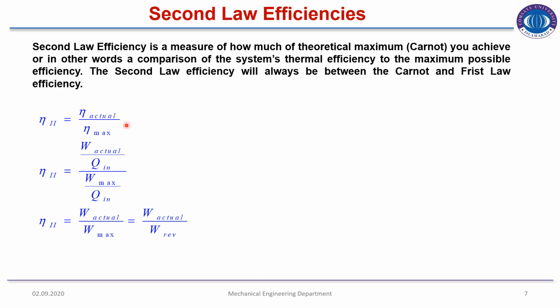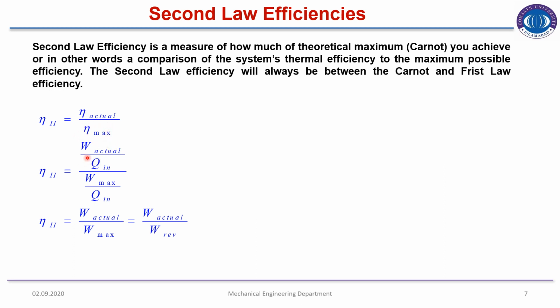In the numerator its actual efficiency is calculated, whereas in the denominator we have the efficiency of the Carnot heat engine, because maximum thermal efficiency can only be achieved by a Carnot heat engine. So it is a ratio: second law efficiency is the ratio of the efficiency of the actual heat engine to the maximum thermal efficiency.